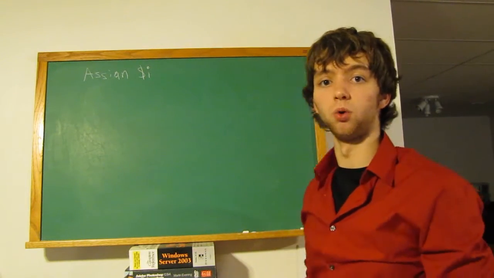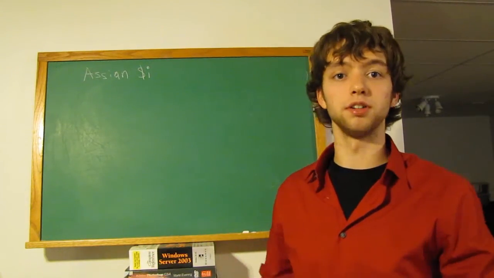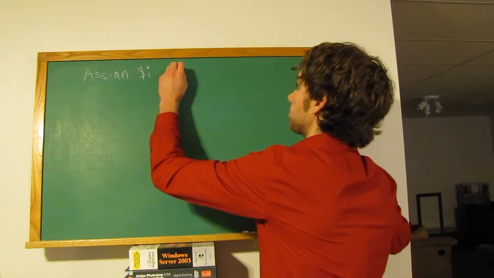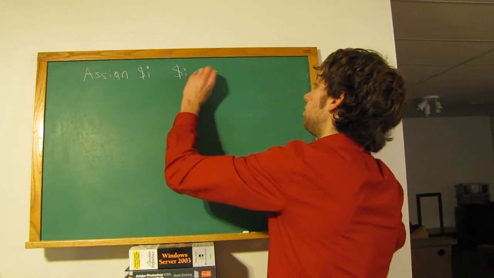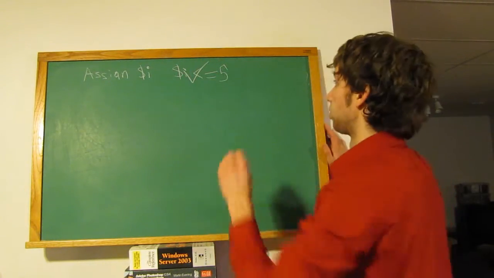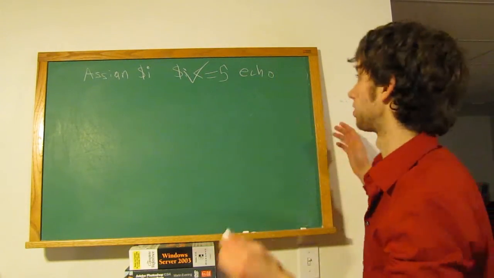Then it's going to test that value against a certain condition. The one we used was, is it less than or equal to 5? So it's going to test if I is less than or equal to 5, and that's true. So it's going to echo, and then it's going to increment.